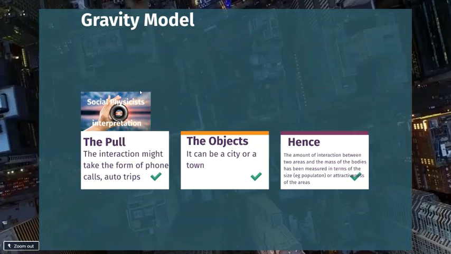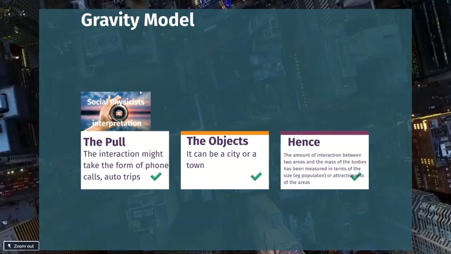So they decided to import or adopt the gravity model from the natural sciences and use it to explain human behavior. And this is their interpretation. Whereas in the natural world, we had the gravity pull, which attracted the apple from the tree and caused it to hit Newton.